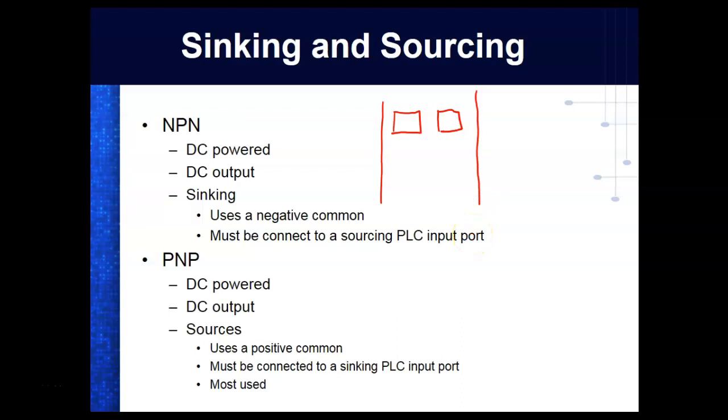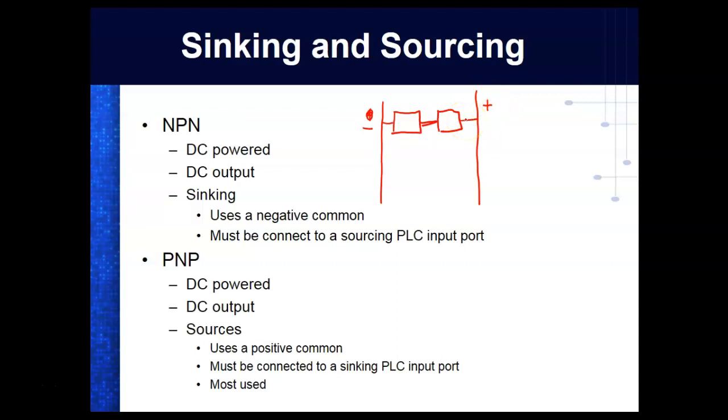So I got two things I can do. If I make this plus, and I connect my input to that, then what does this have to connect to over here to get current flow? It's going to have to connect to a minus, right? You understand that? But if I make this a minus, then this over here has to be a what? Plus.